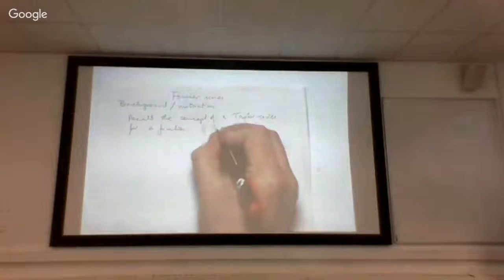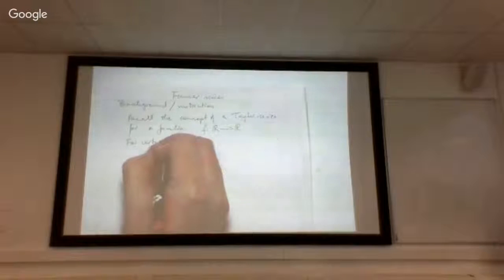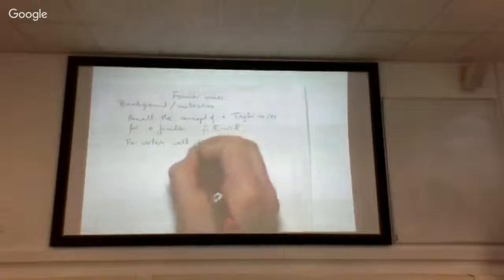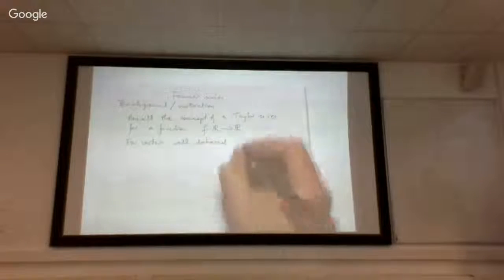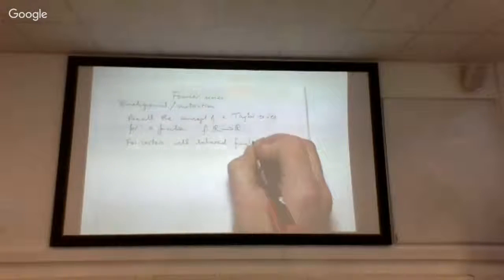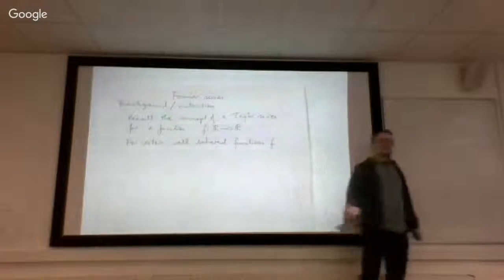So we have a function f going from the real numbers to the real numbers. For certain well-behaved functions, and we won't go too much into the technical details, the well-behaved nature here is that the function is continuous and differentiable, you can differentiate it any number of times, and its derivatives are all continuous and so on.